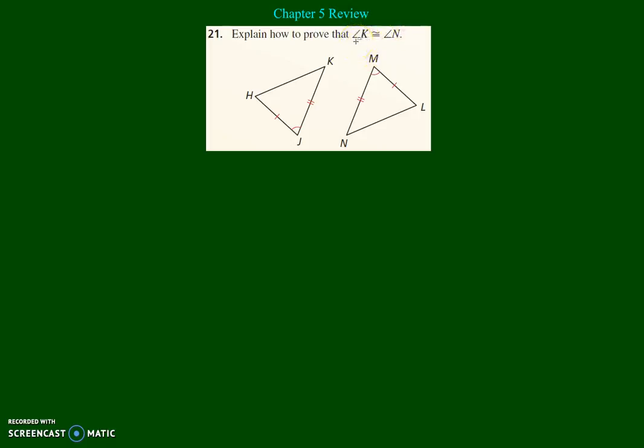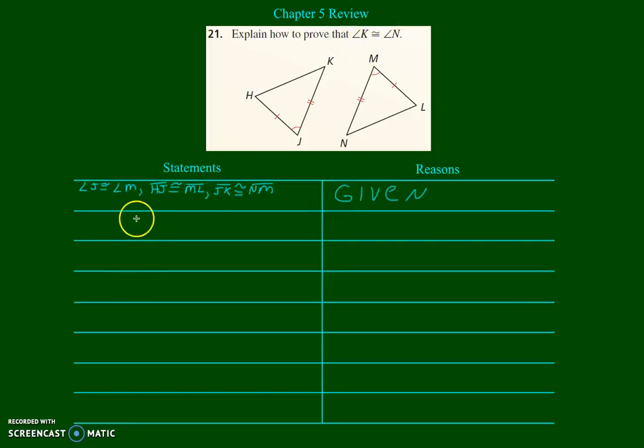So let's go ahead and start that process. Here we're given that angle J is congruent to angle M, side HJ is congruent to ML, and JK to NM. Now, this shows that these triangles are congruent by side angle side.